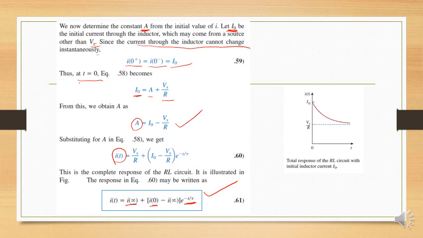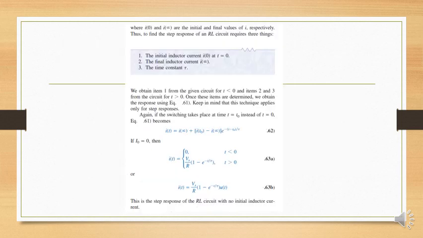At this Vs over R value, our exponential will completely come to a constant state, and its highest level would be I naught at time t less than 0. Now in this case, what are we going to find out?